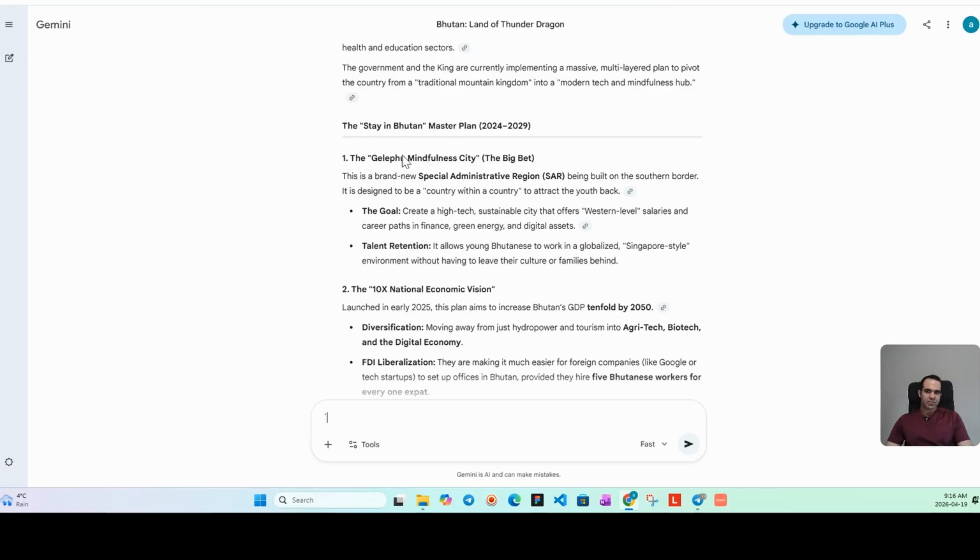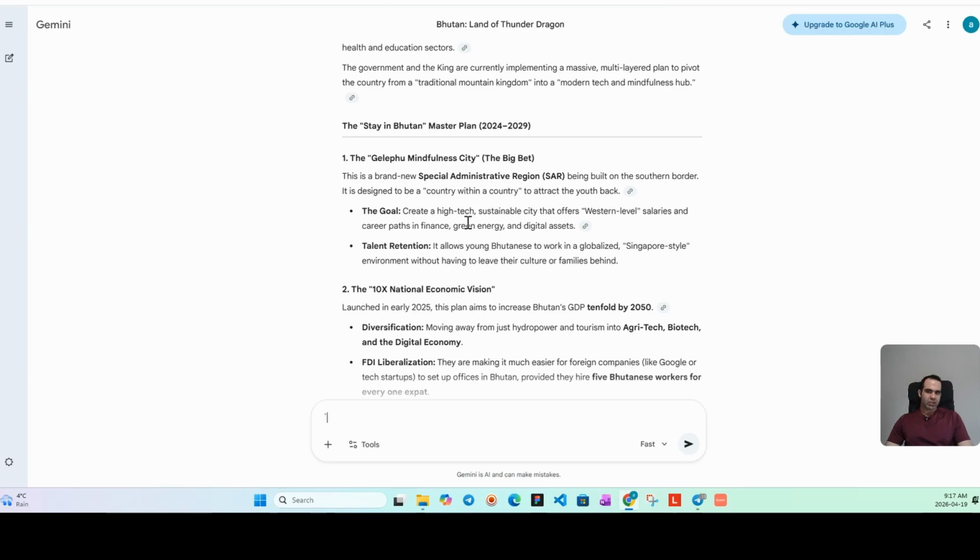The Stay in Bhutan Master Plan. First, the Gulf Mindfulness City, the Big Bet. This is a brand new special administrative region being built on the southern border. It is designated to be a country within a country to attract the youth back.